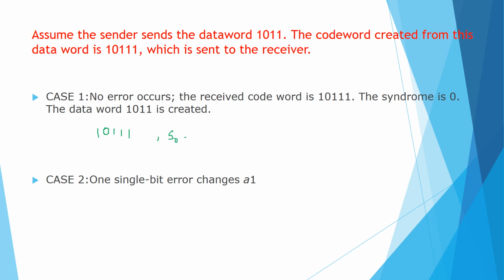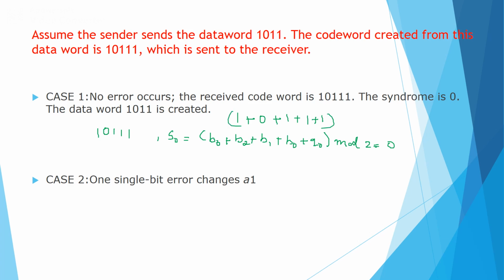syndrome S0 by considering the equation B3 plus B2 plus B1 plus B0 plus Q0 modulo 2. So that is equal to 0 in this case, that is 1 plus 0 plus 1 plus 1 plus 1 mod 2 is equal to 0.